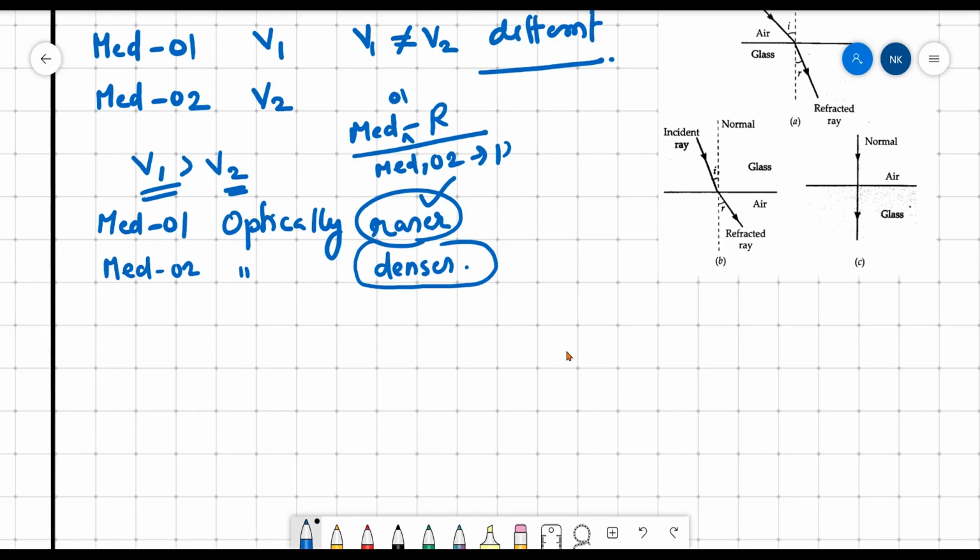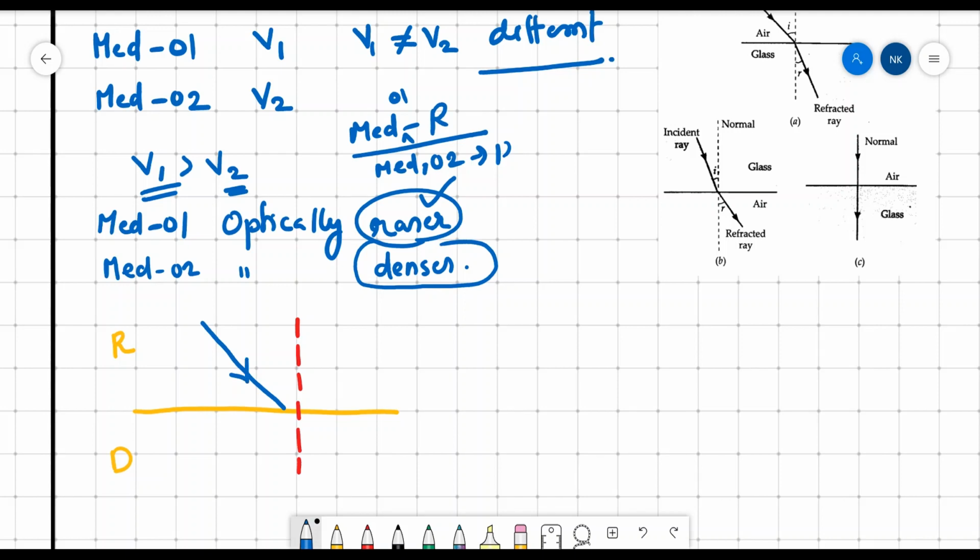Okay, now let this be the interface between medium 1 and medium 2. Let medium 1 be rarer one and let this be denser one. And here comes your normal. This is a normal. Now here this is the incident ray.